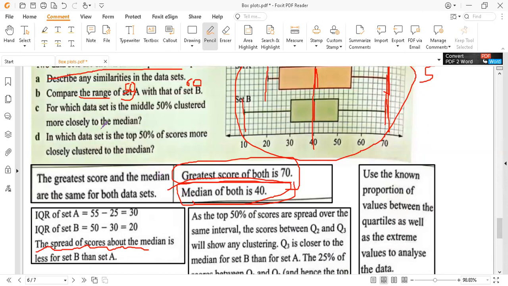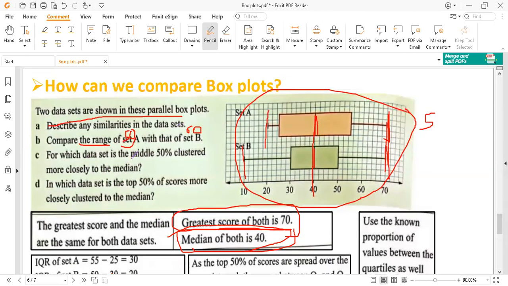Now, for which data set does the middle 50% cluster more closely to the median? What do they mean by the middle 50%? The middle 50% is represented by the box. This box contains the middle 50%. Normally, when the box is smaller, the middle 50% is clustered more closely to the median.